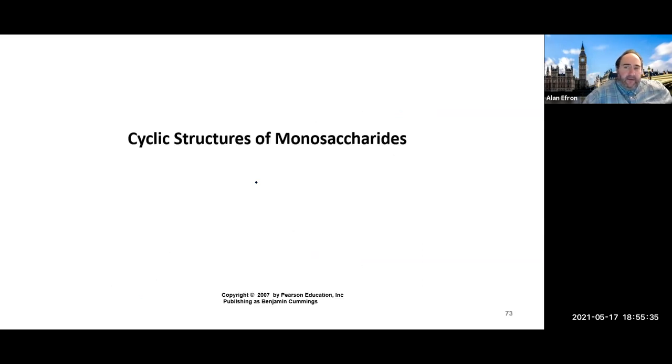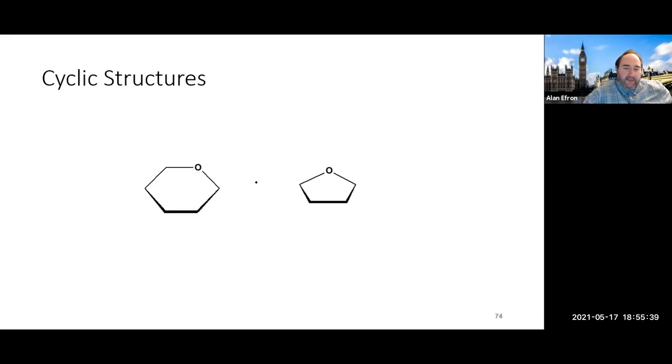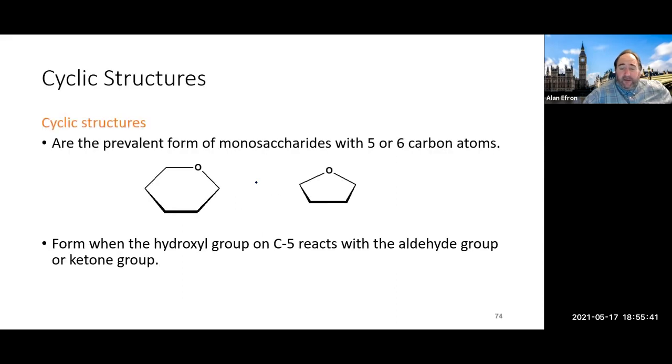So then let's talk a little bit about cyclic structures of monosaccharides. Cyclic structures will have one of two shapes. They will either be a 5-membered ring that is only 5 carbons because there's an oxygen in there, kind of like cyclohexane, but cyclohexane has 6 carbons.